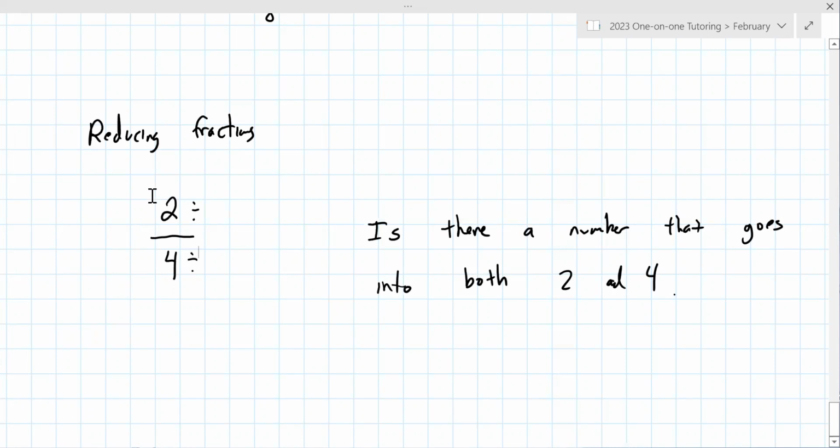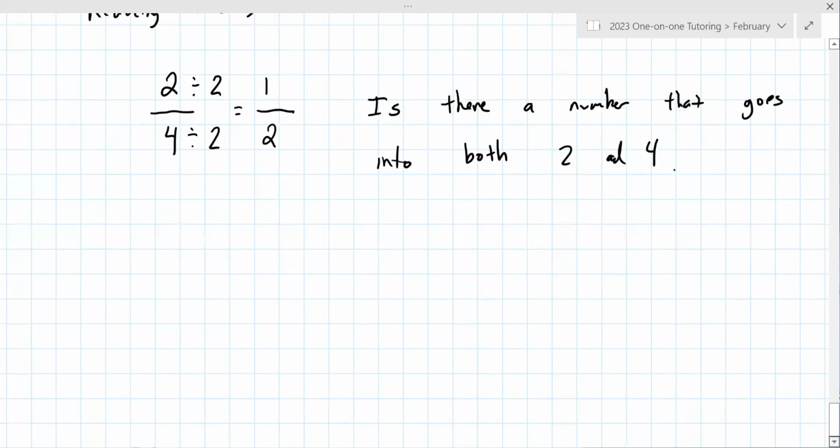You can do 2 divided by 2 and 4 divided by 2. Okay, what does that become? What is 2 divided by 2? What is 4 divided by 2? 1 over 2. Good, good.